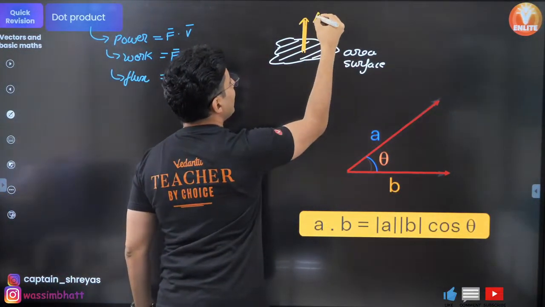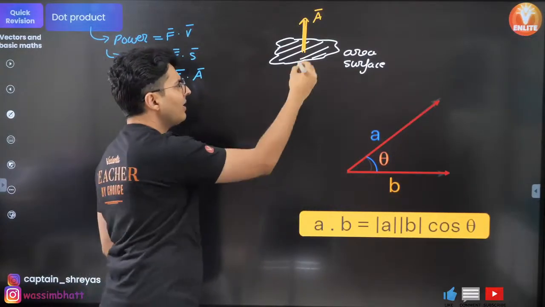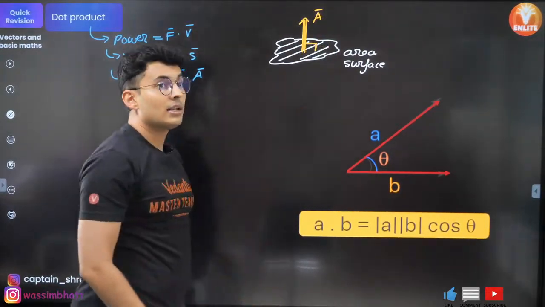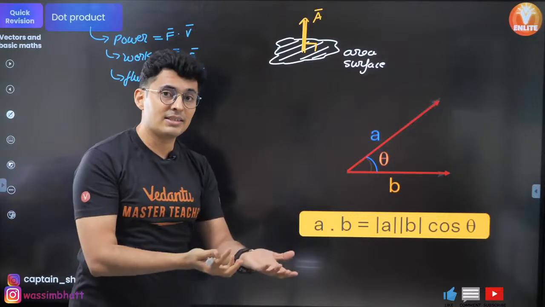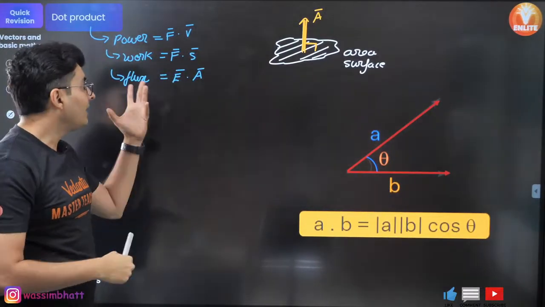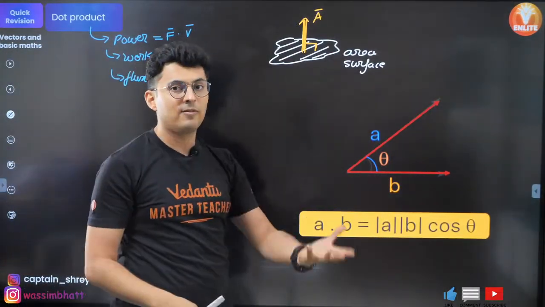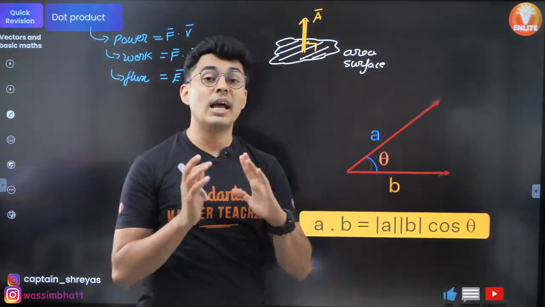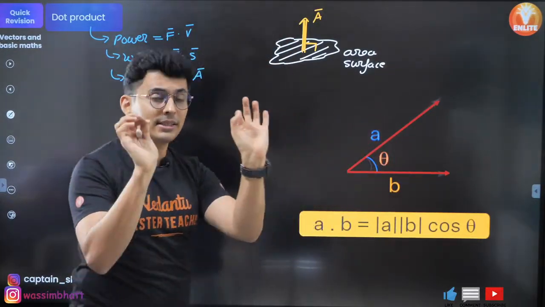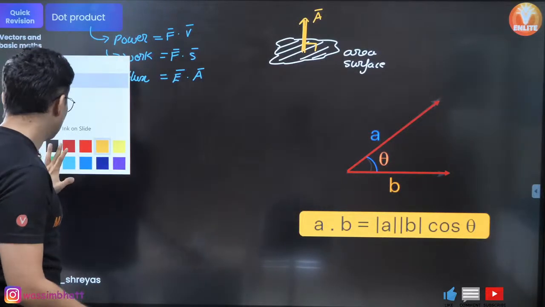Why do we treat area as a vector? Because it helps us in calculation and dealing with so many other quantities like flux. I'll give you certain examples.